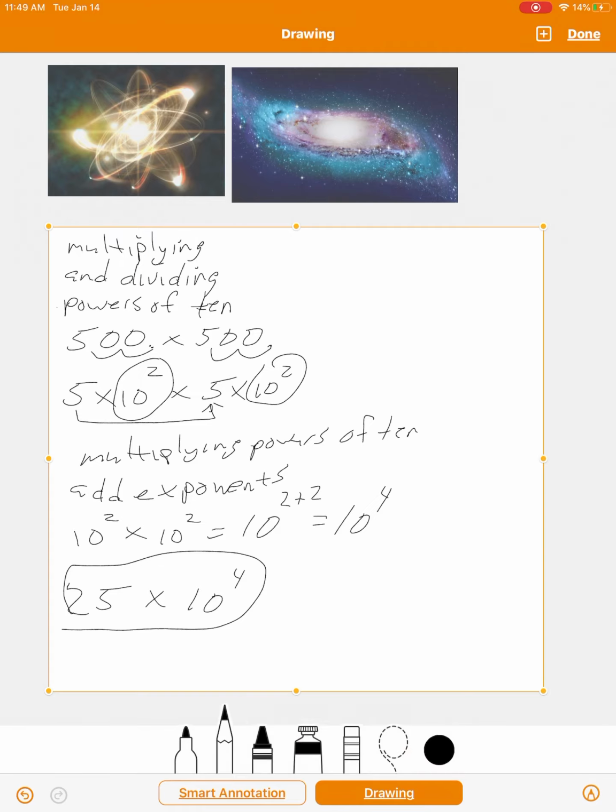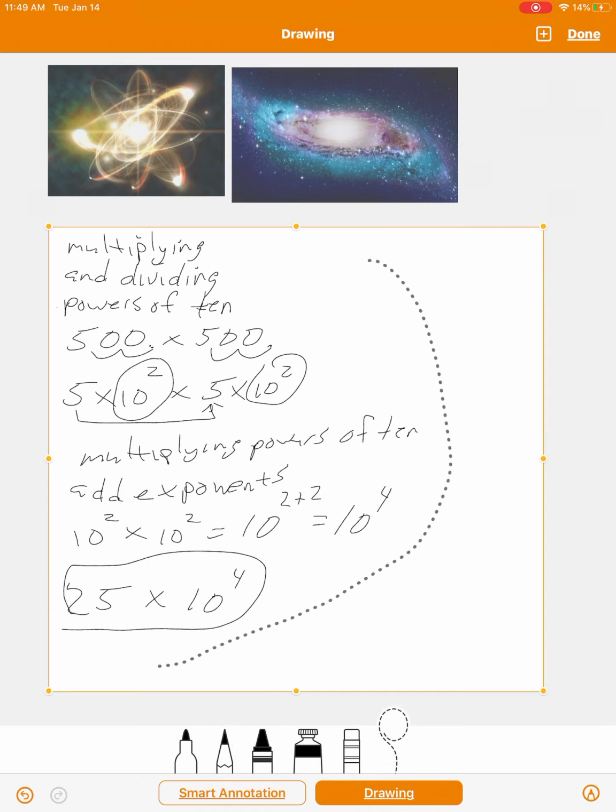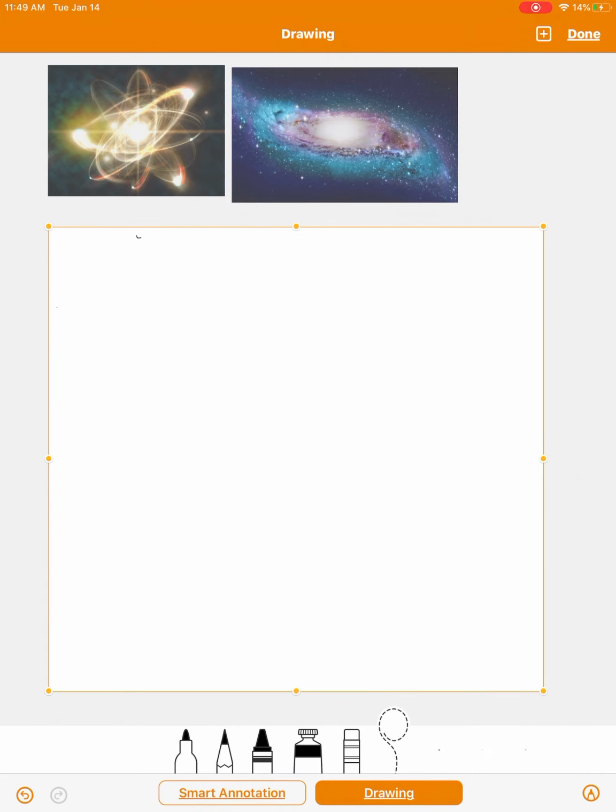Now, for numbers like 500 times 500, this type of notation is not really all that necessary. It doesn't save you that much space and time. However, it really helps out when you're dealing with very, very large or very, very small numbers. So I'm going to take two big numbers.